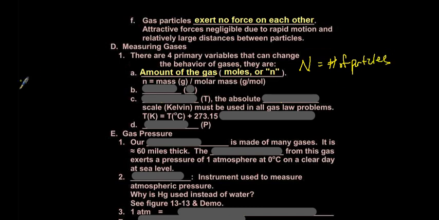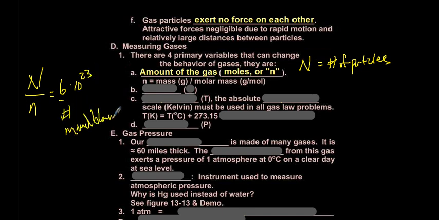So we take this big number N and we divide it by the little number n, and we should get, that's right, 6 times 10 to the 23rd, hashtag mind blown. Okay, this total number of particles divided by the number of moles would then be 6.02 times 10 to the 23rd.